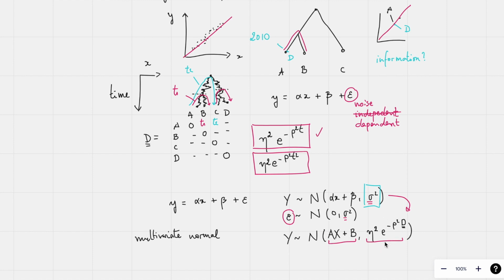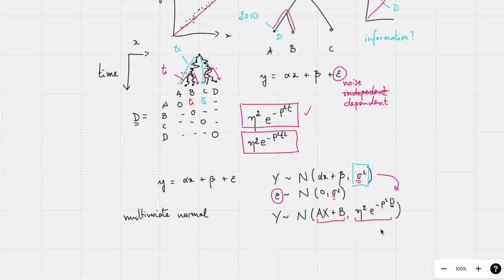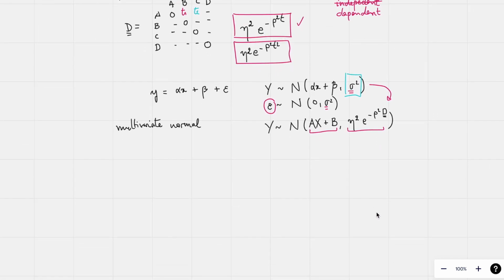So how does it work in practice, and what do we do when we actually want to fit a model like this? Well, this is pretty much exactly as usual. We had a model here with three parameters, that was alpha, beta, and sigma, or sigma squared. And now we have a model with alpha, but I'm going to write here A, because this is what I wrote in this particular expression.